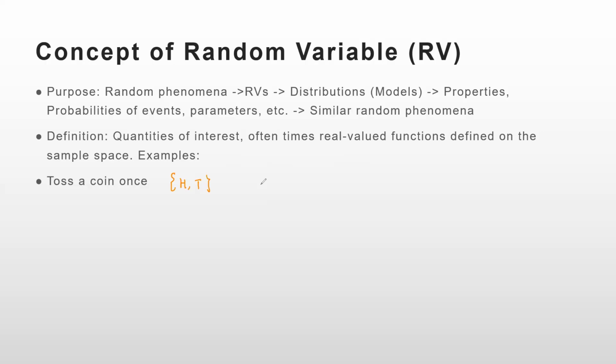And sometimes it's easier to talk about numbers, real valued functions, than talking about heads and tails, or other examples like colors and so forth. It's easier to talk about numbers, and you will see the benefit slightly later. So we define a random variable x, and you can define this random variable to have value 1 if heads show up, or 0 if tails show up. Okay, so this is a random variable.